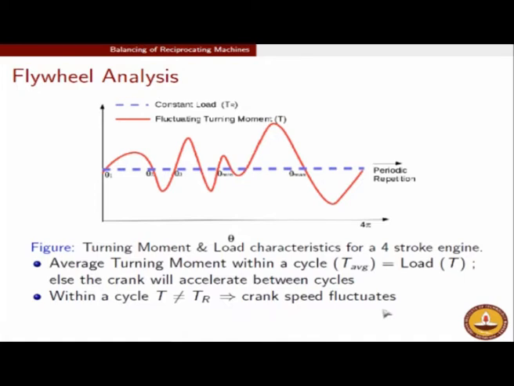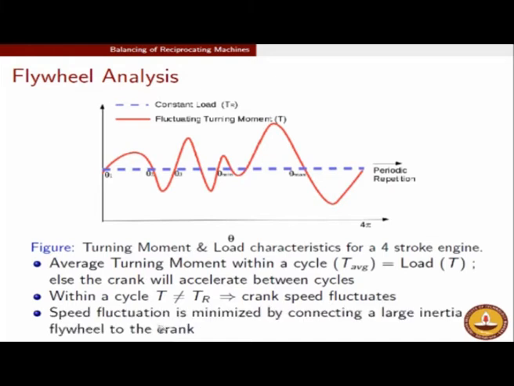It is across different cycles that the average crank speed is constant. Within a cycle the crank speed does fluctuate, but we are unable to detect that because the flywheel is doing its job, and this crank speed fluctuation is minimized by the connection of a large inertia, which is basically your flywheel.